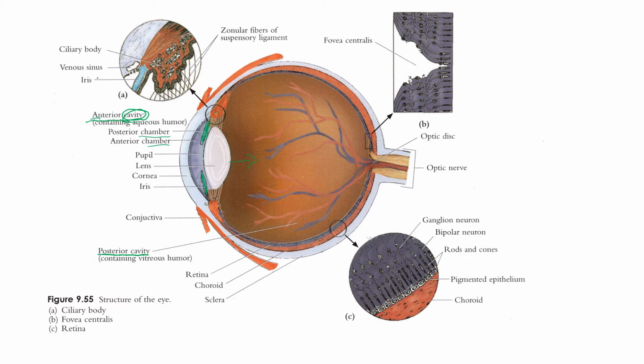Now back behind the iris, in front of the lens but behind the iris, is going to be the posterior chamber. All right. So in the anterior cavity, everything in front of the lens, we have the anterior chamber, we have the posterior chamber.